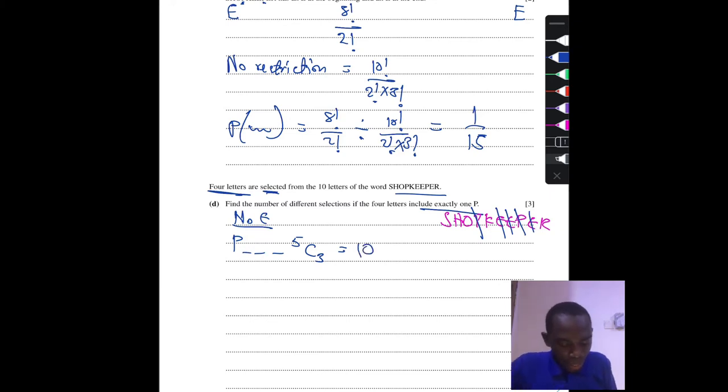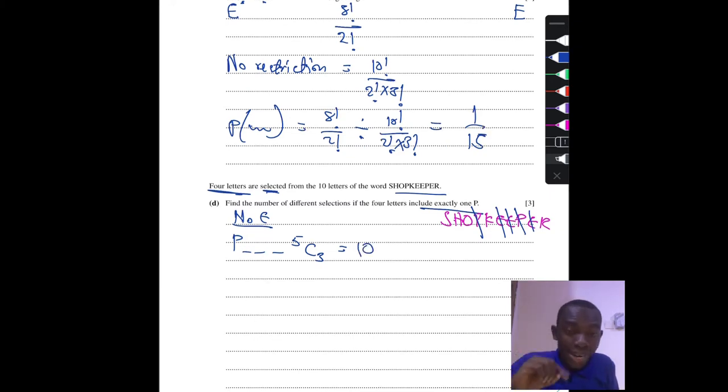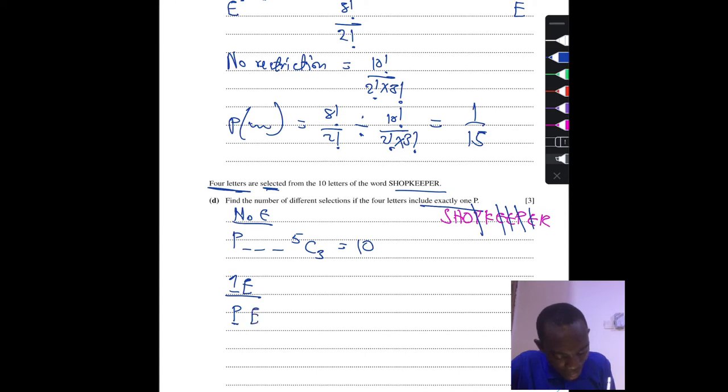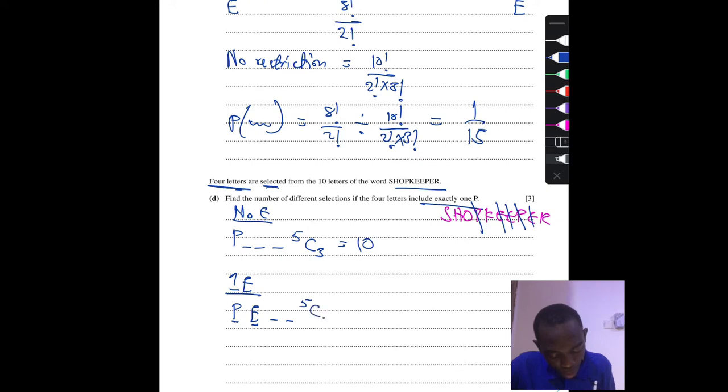Great. Then when it contains 1 E, so we still have the P there, and then we have 1 E there. Okay, so we are left with 2 slots that we have to choose. But we have 5 at our disposal to choose 2 to fill there. So that's 5 combination 2. And that, ladies and gentlemen, is also 10. Let me check it out. 5 combination 2 is 10.